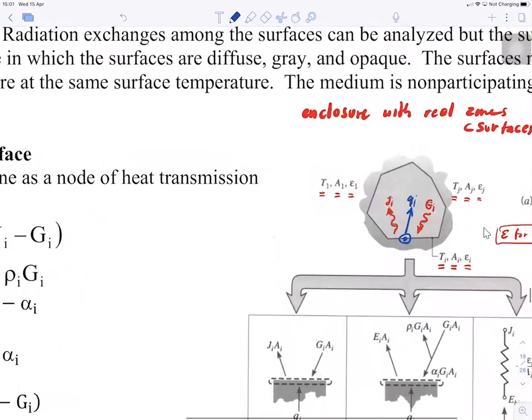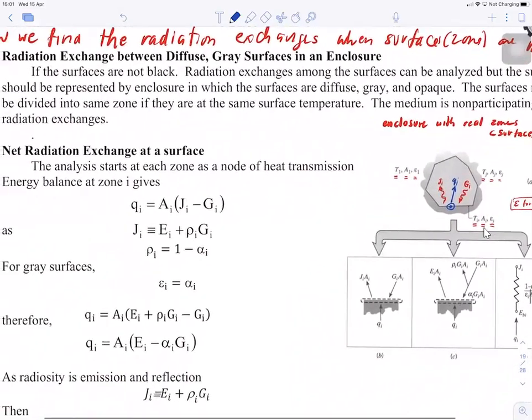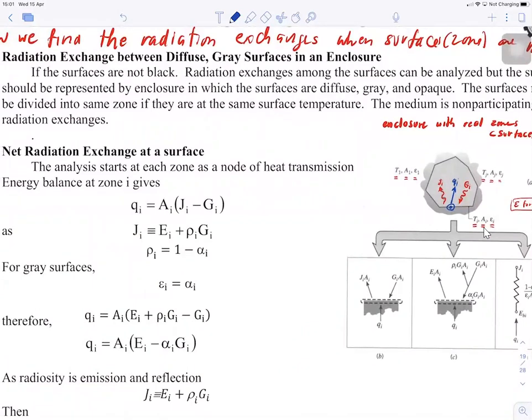The analysis over there is going to give you something like this. Qi is going to be equal to emission, this is losing energy from surface I, minus part of the irradiation on surface I.